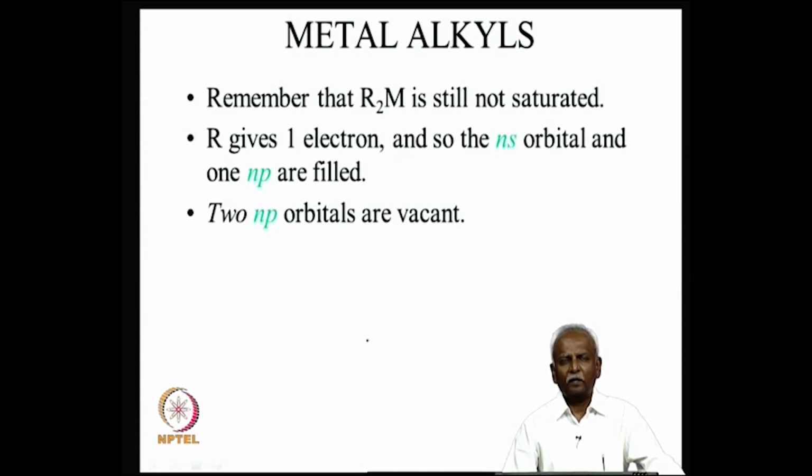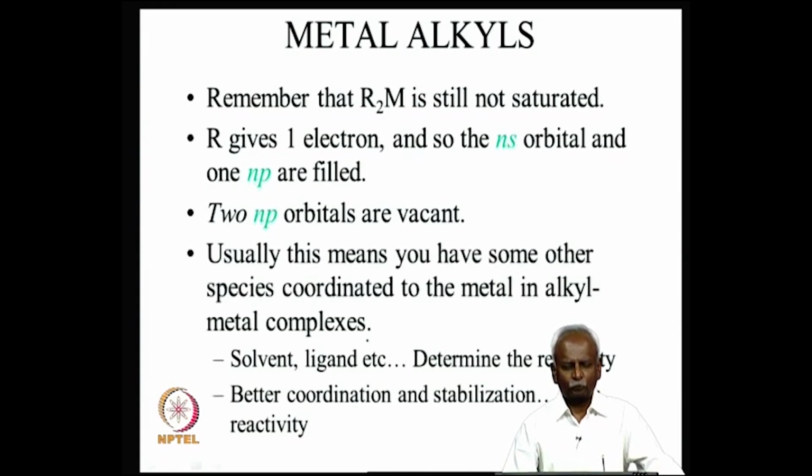So, you will only have a total of 4 electrons and 2 p orbitals or 2 np orbitals will be vacant.